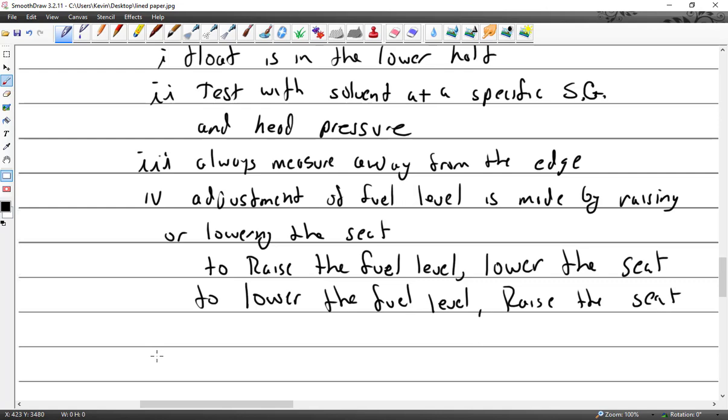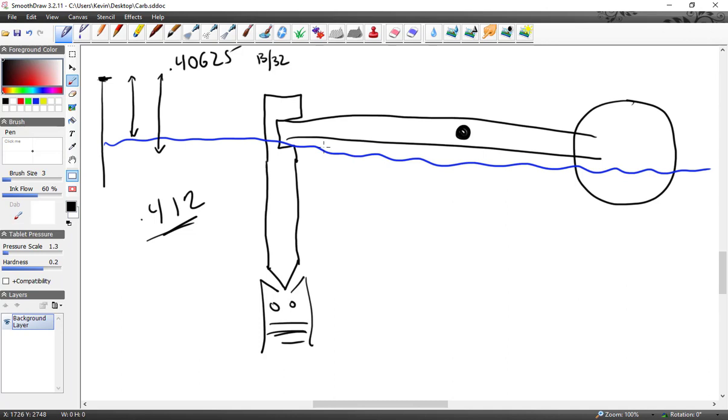How much do I raise and lower the seat? 5 to 1. Well, this is not the way I've drawn it. It might look linear, but the fulcrum's actually about over here, so it's not linear at all.